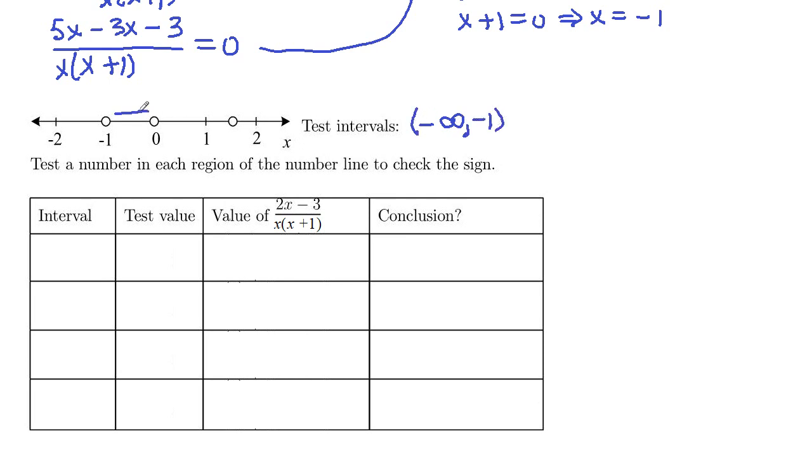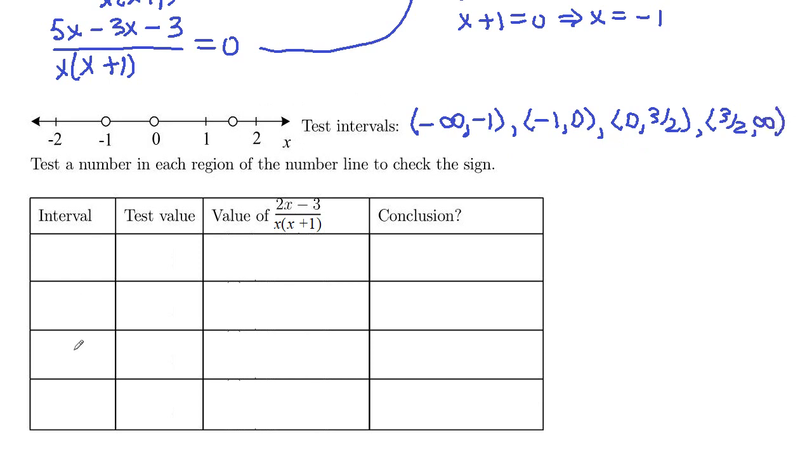You've got this interval in here between negative 1 and 0. The interval between 0 and 3 halves here. And then this last interval from 3 halves up to infinity. So those are your test intervals.